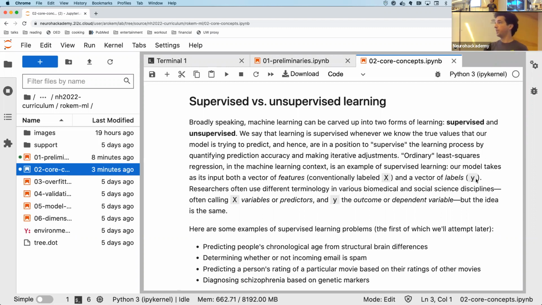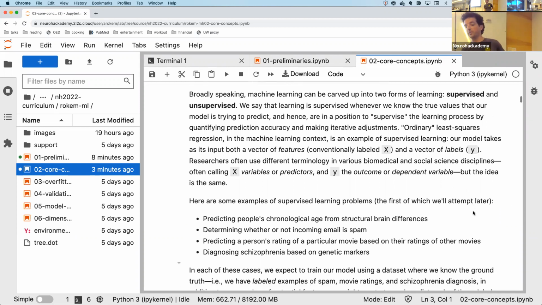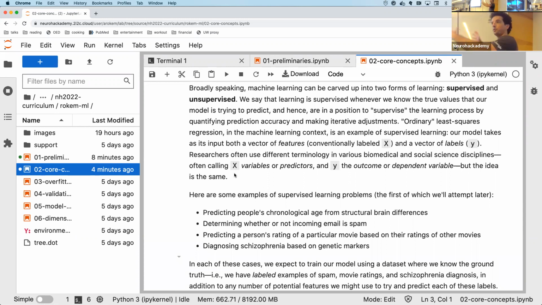Y is usually just one variable, and we sometimes call that the outcome or the dependent variable. And then X, by convention, refers to the variables, those features. So that's capital X and lowercase y, and you'll see a lot of these X and Y in the code, and that comes from the notation people use in math to describe these kinds of things.